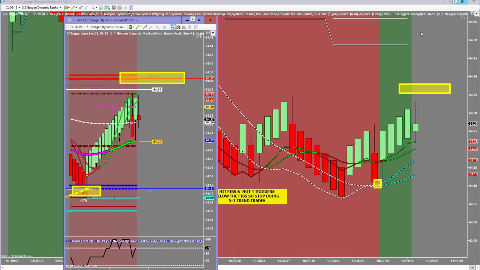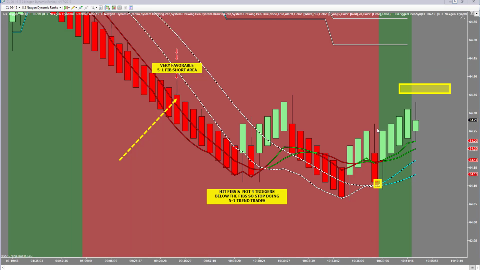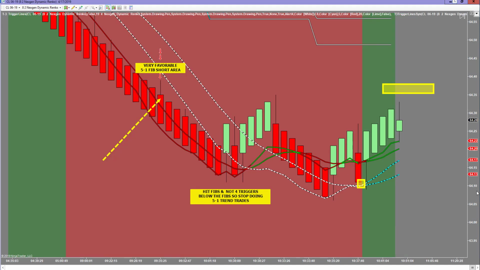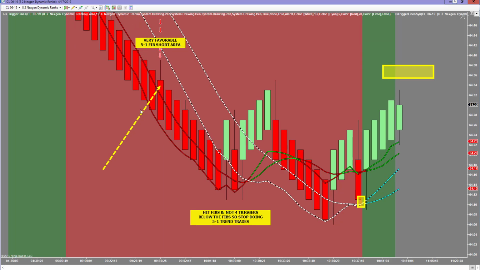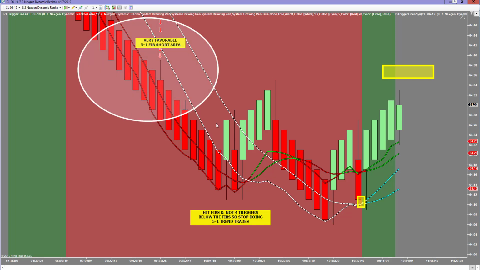When you go to the 8-2 chart, again, we don't ever want to go counter trend against this look over here. We want to do trend trades when the triggers look like that with the trend.